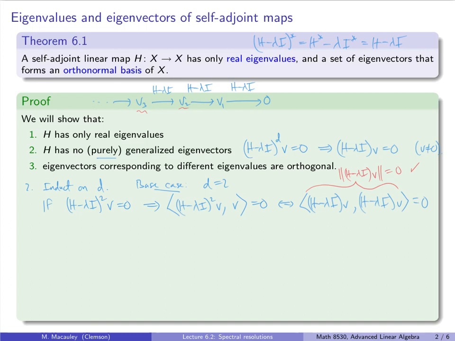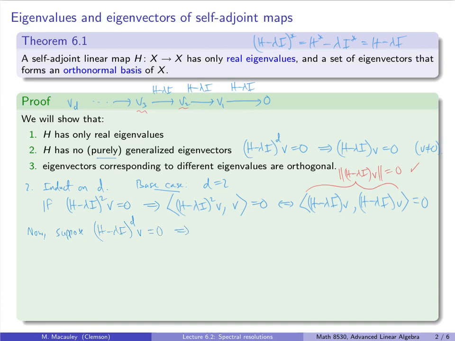Now for the general case, suppose that we have some v out here that takes d iterations to kill it. Let's write that down. So now suppose that (h minus lambda I) to the d times v equals 0.